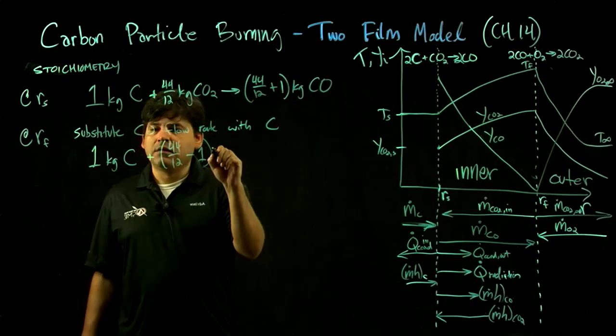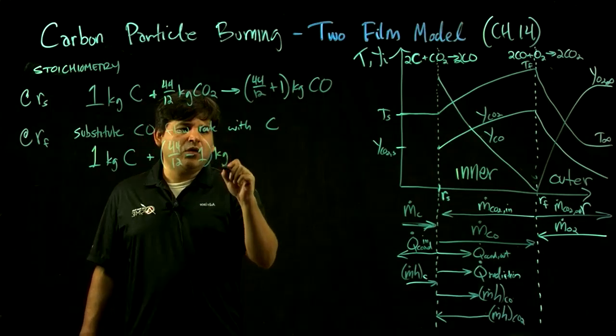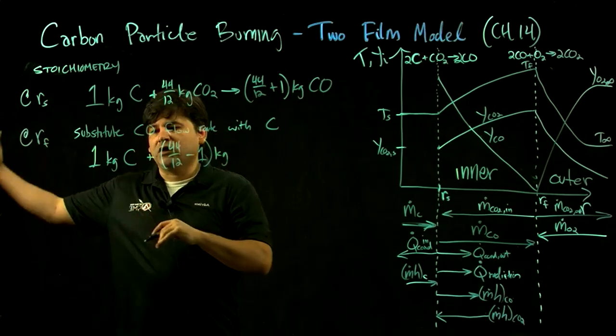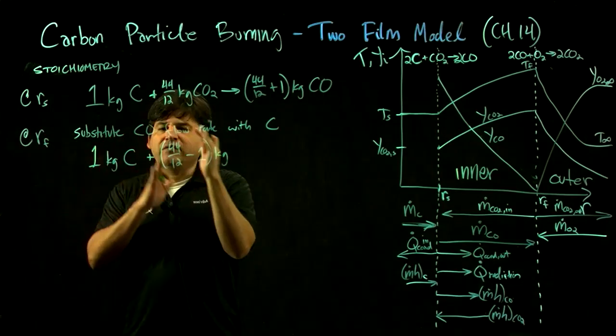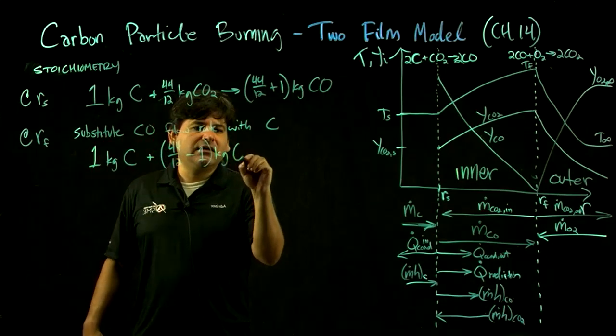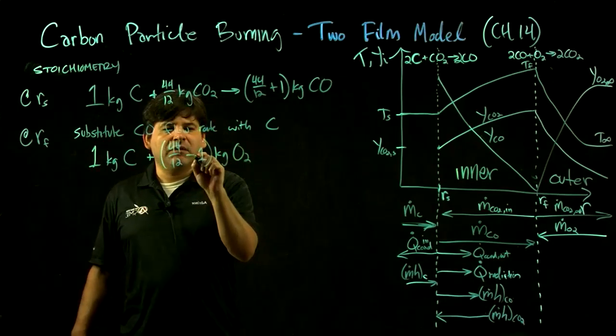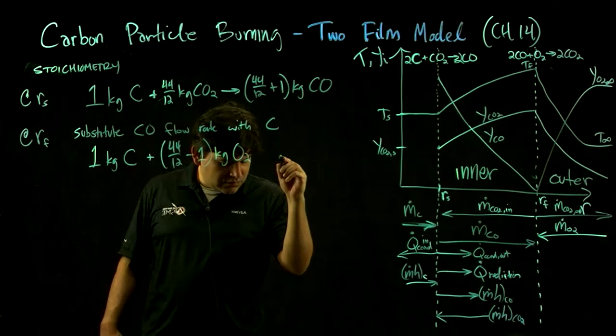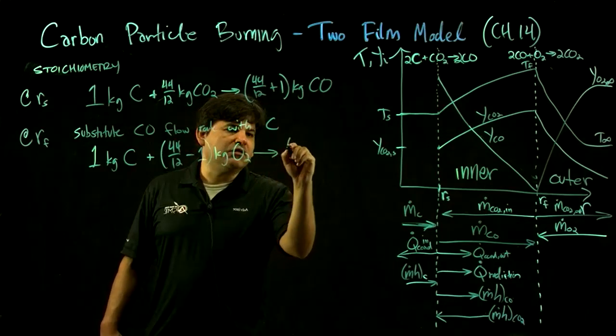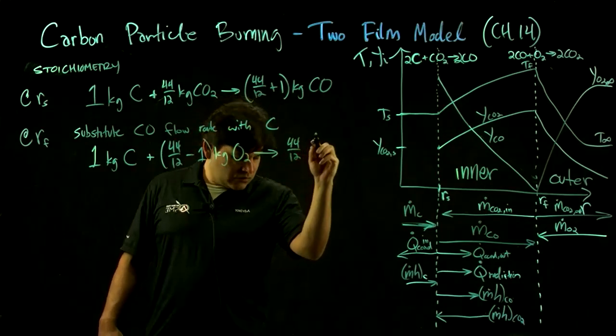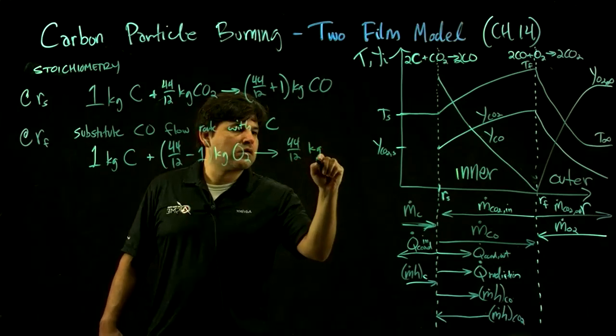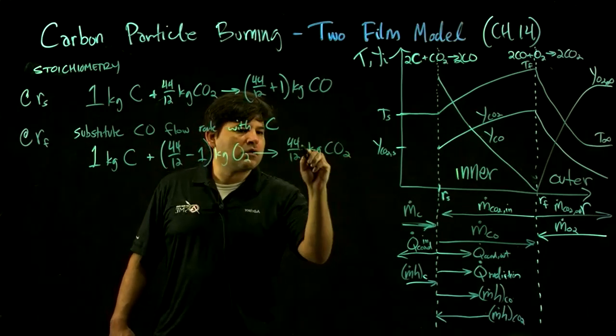then for every 1 gram of carbon that burns at the surface, tied to CO at the flame, you need this -1 of O2, and that will lead to this.